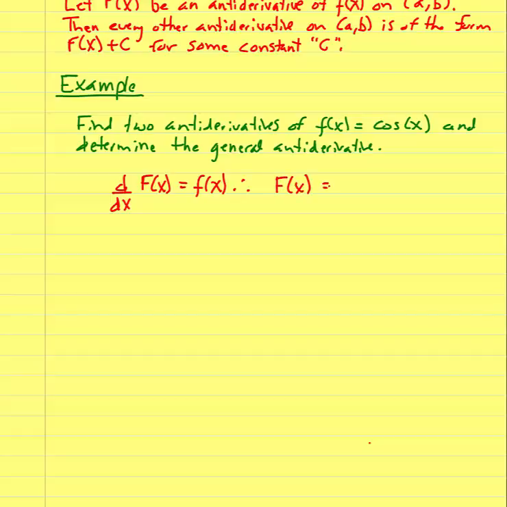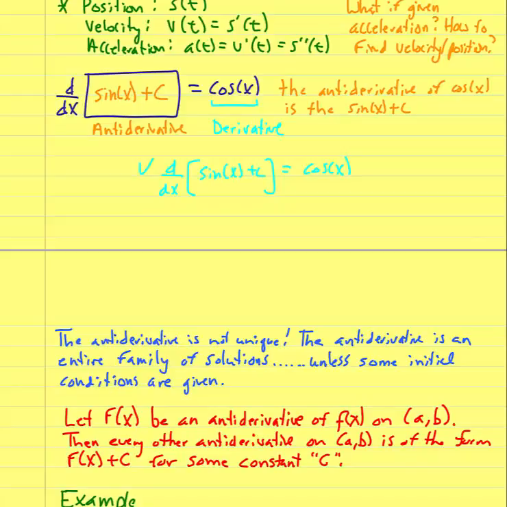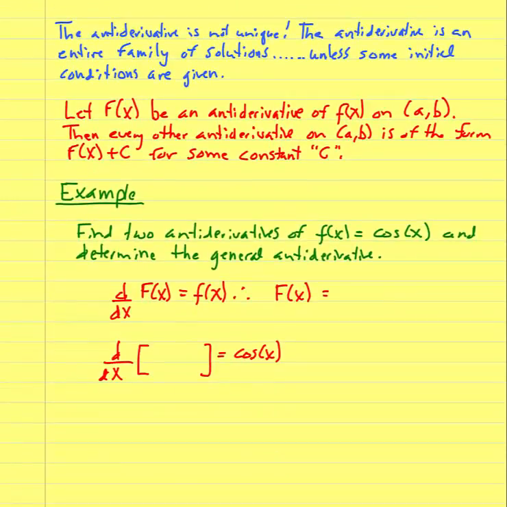What do I take the derivative of to get cosine? Let's fill in the blank if we're not sure yet. The derivative of what is equal to cosine? Now I think we looked at this a little bit ago. Yes, we already did this one, so let's make this a little more interesting. Let's make this one a negative cosine.